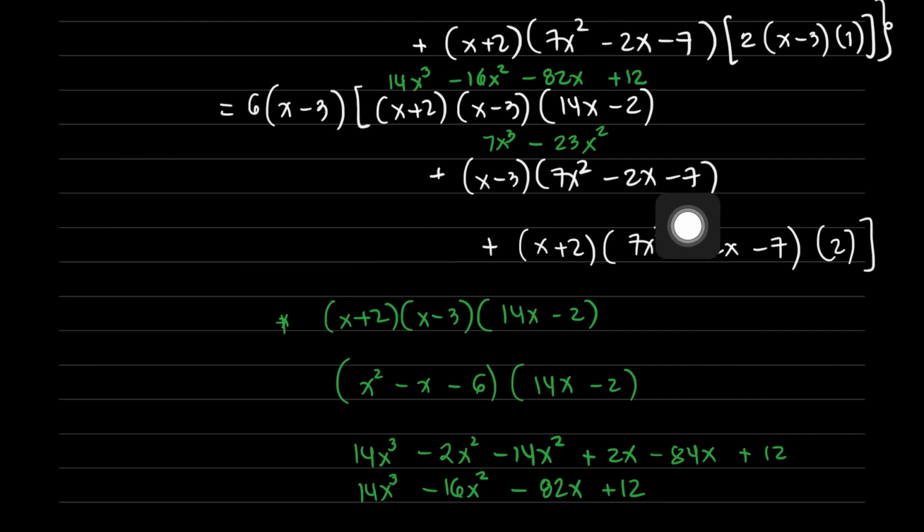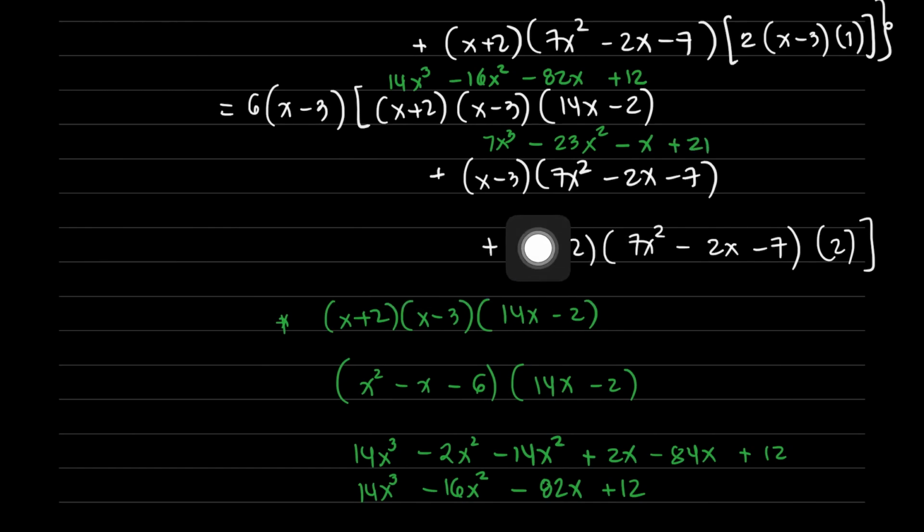X times negative 7, that will give us negative 7x, negative 3 times negative 2x, so that will give us positive 6x, so negative 7x plus 6x will give us negative x. And lastly, negative 3 times negative 7 will give us positive 21.